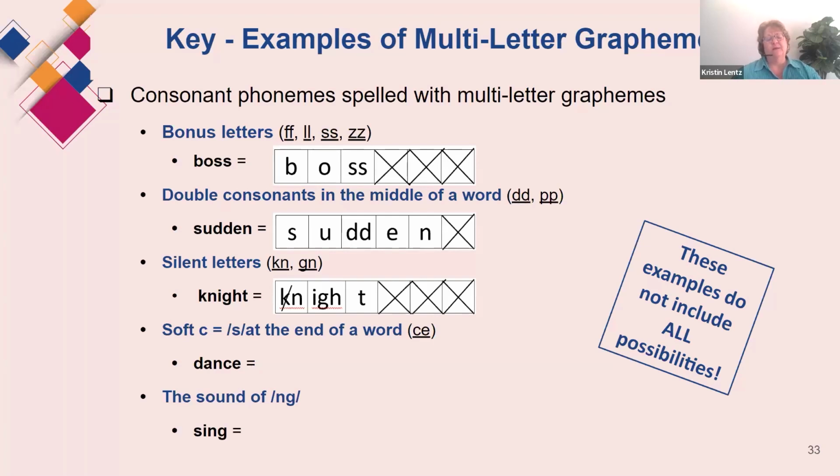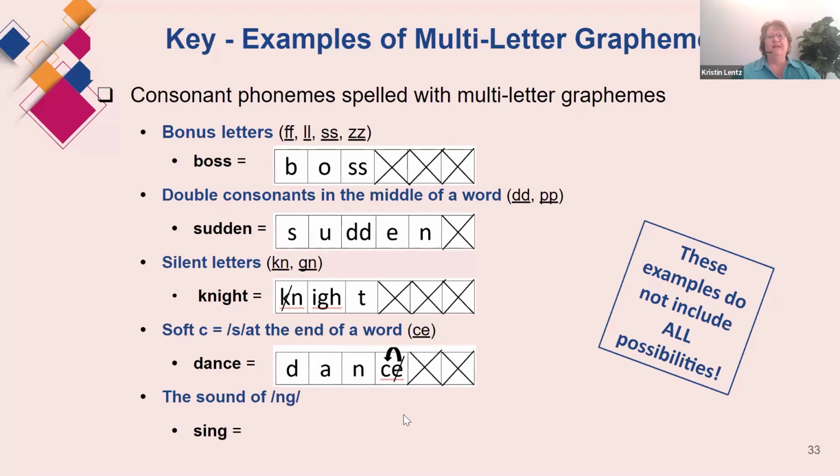I also sometimes, as I'm teaching it with kids, say you can say it silly. So if you're having trouble remembering how to spell the word nice, say knife. That can remind you that that's how I'm going to spell it. I say it silly, but I know when I read it that I pronounce it only as knife.